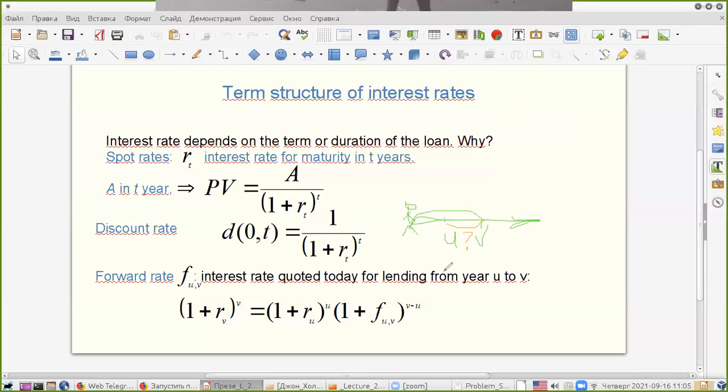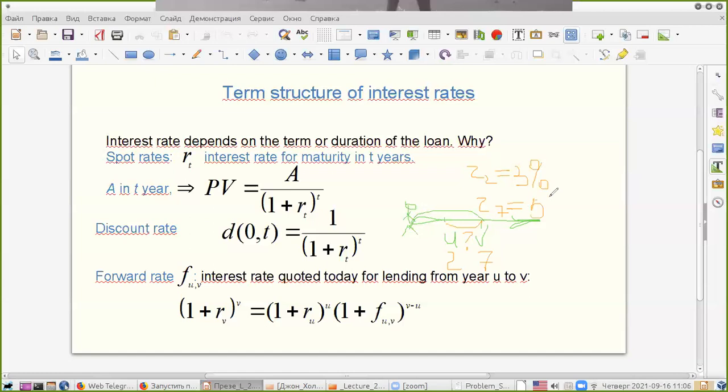Okay. For example, u equals 2 years, and v equals 7 years, yes? And it's given that R2 is 3%, but R7 is 5%.